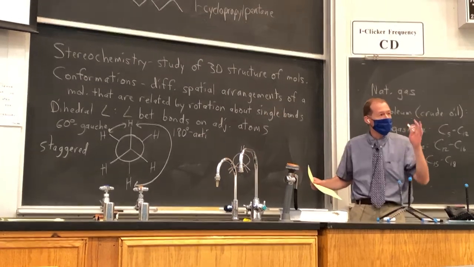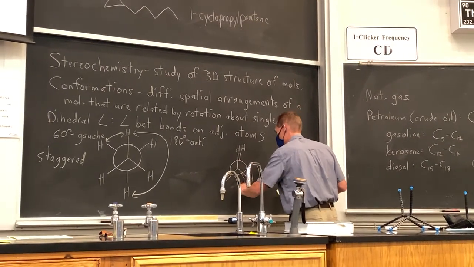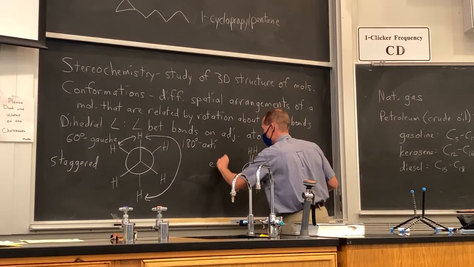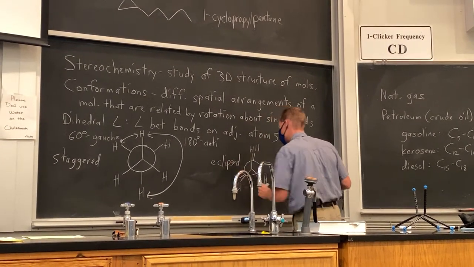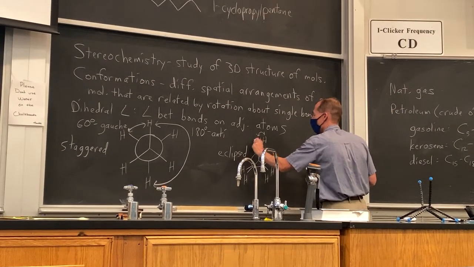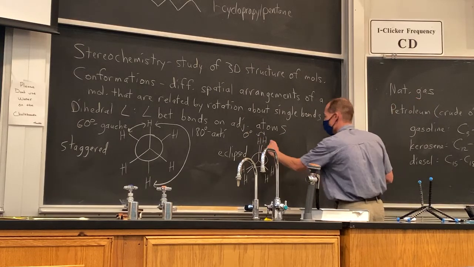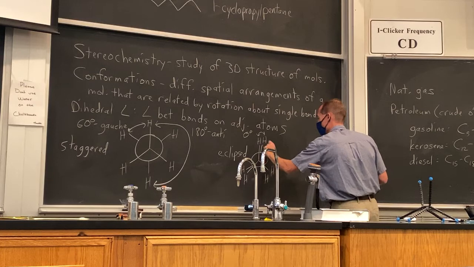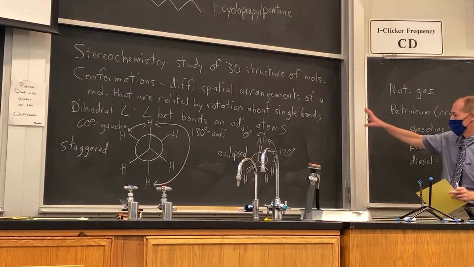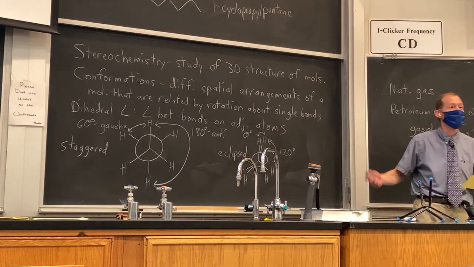And when we see that, then we should have a picture in our mind that these groups that we're drawing are eclipsed with each other and have a 0-degree dihedral angle. Okay? So in an eclipsed conformation, we have our 0-degree dihedral angle. We also have a 120-degree dihedral angle. That one doesn't have a name. So 0 is eclipsed. 120 we never talk about, so it doesn't have a name.